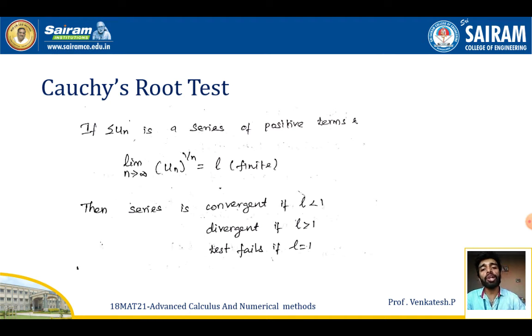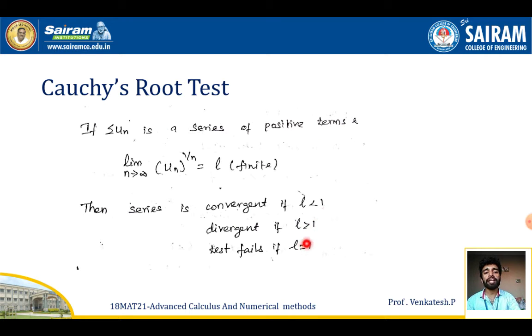If summation un is a series of positive terms and limit n tends to infinity of un whole power 1 by n is equal to L, where L is a finite quantity, then the series is convergent if L is less than 1, divergent if L is greater than 1, and the test fails if L is equal to 1.